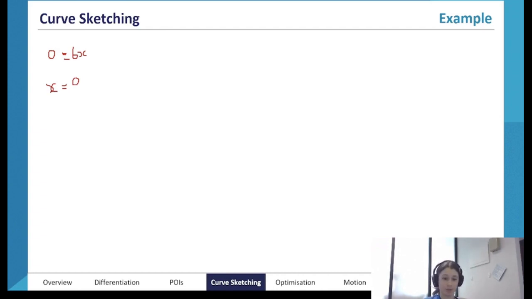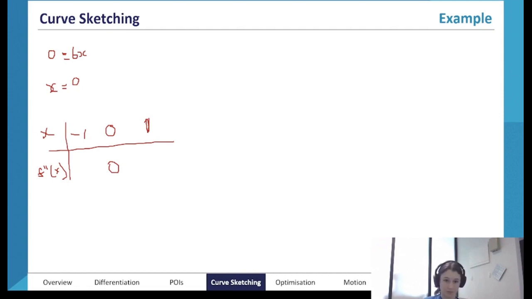So again, we're going to do a table of values. So we're going to have x, we're going to have our second derivative. Our point is going to be 0, and at this point our second derivative is going to be equal to 0. Now we're just going to pick 2 values on either side, pick 1, and we're going to determine the value of the second derivative.